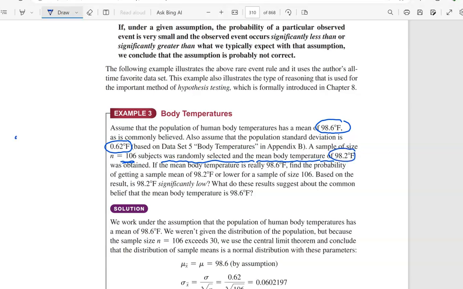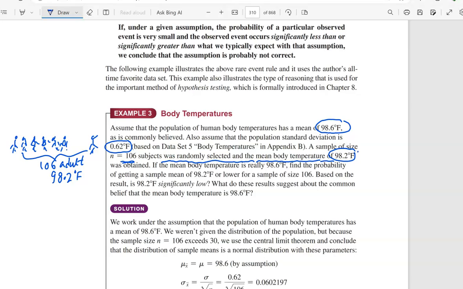We have how many people? It doesn't have to be male or female, all together. 106 adults, I think. And their mean temperature was 98.2 degrees.